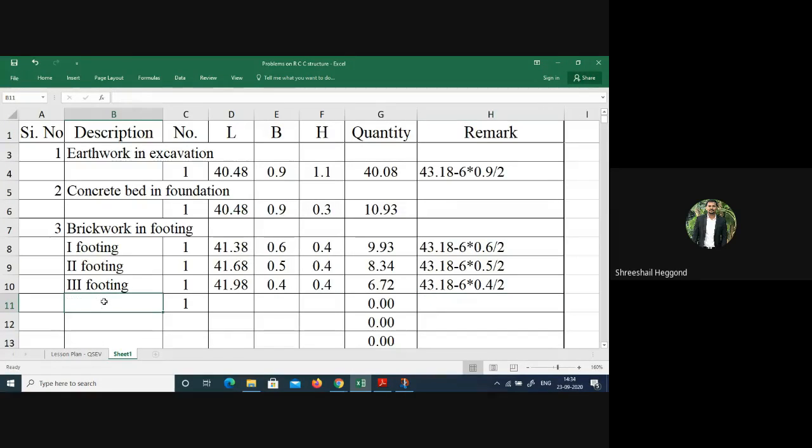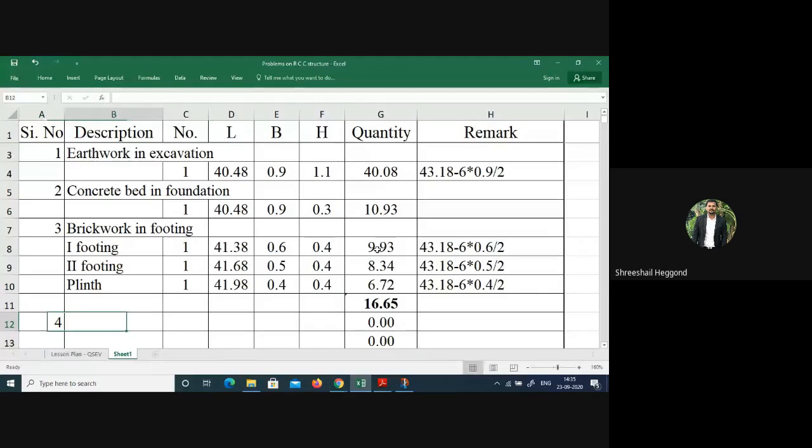Only 2 footings are there, and the third one is plinth. That's also calculated already. Now calculate total quantity of brickwork in foundation and plinth. That is 6.72 plus 8.34 plus 9.93. Total quantity of 16.65 is brickwork in footing.